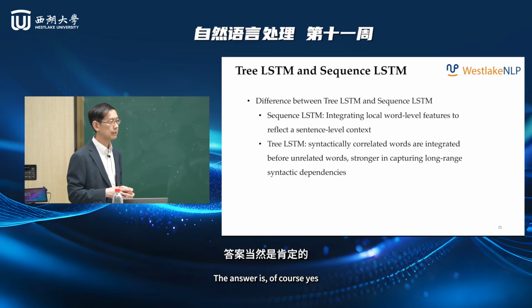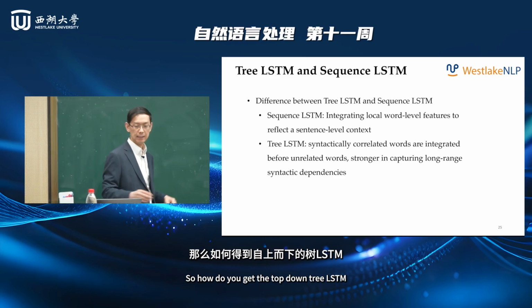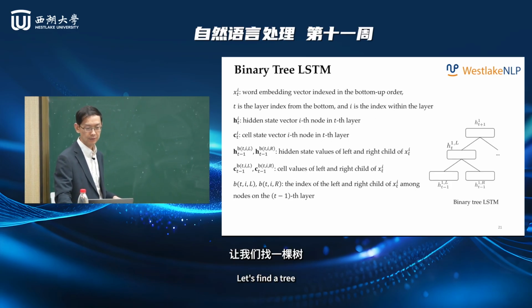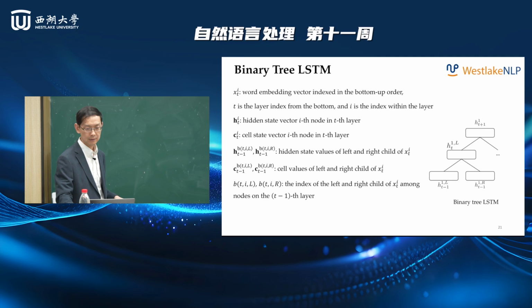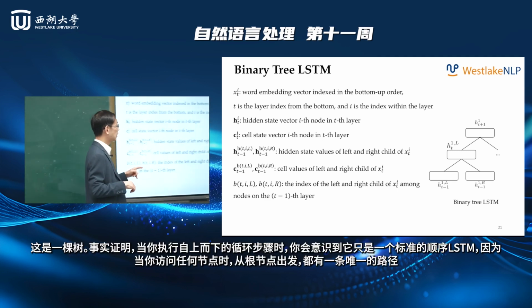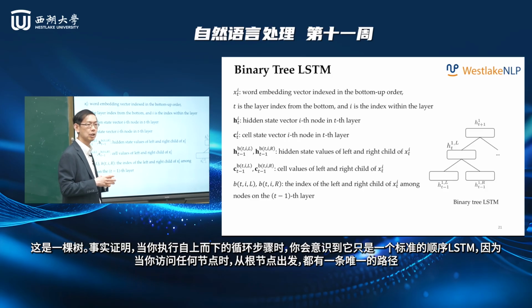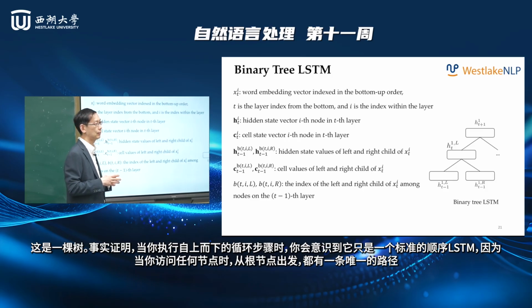The answer is, of course, yes. So how do you get the top-down tree LSTM? Let's find a tree. Here is a tree. It turns out that when you do the top-down recurrent steps, it's just a standard sequential LSTM, because when you go to any node from the root node, there's a unique path.